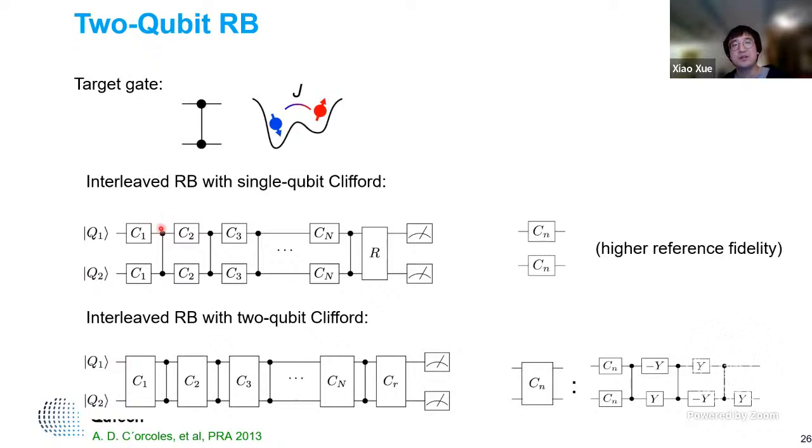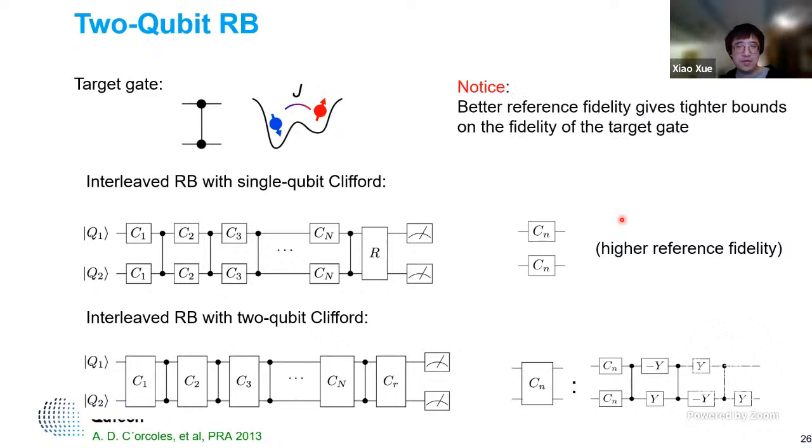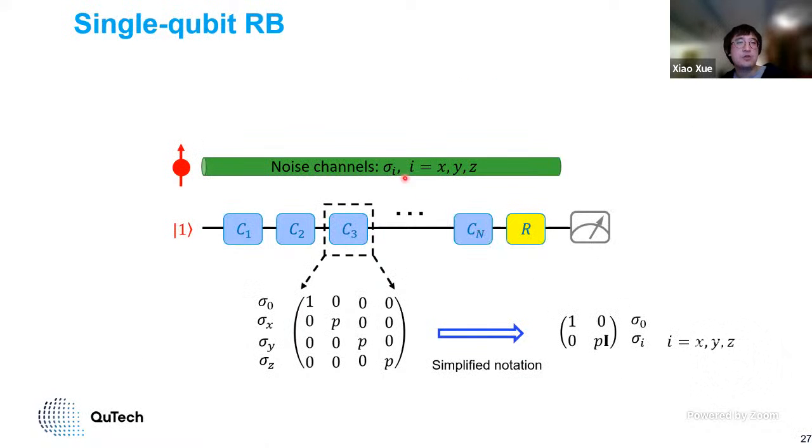So why couldn't we interleave our two-qubit gate in the simultaneous Clifford gates? That's a higher reference fidelity, which typically gives you a tighter bound on the estimate of the target gate fidelity. But it's not so trivial, because there's an issue here: your parallel Clifford gate does not depolarize your two-qubit error properly. So I'm going to show you a little deeper thought about the randomized benchmarking approach.